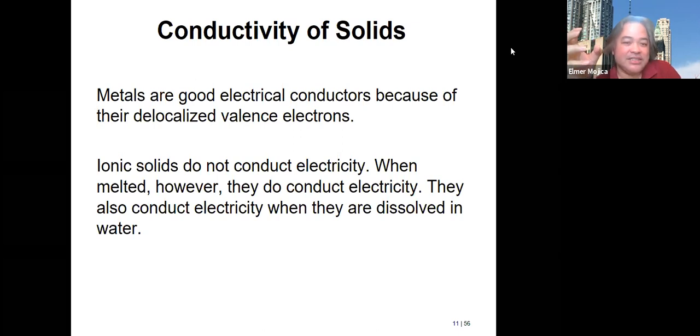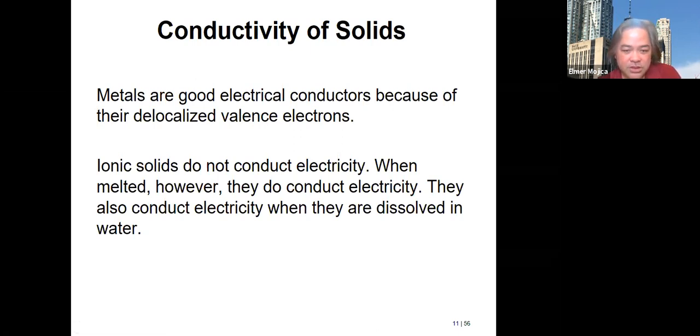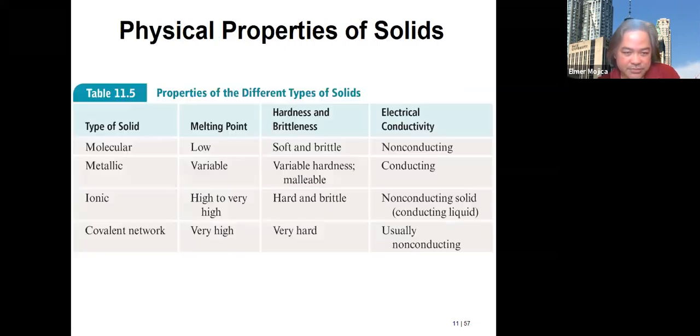Materials can conduct electricity if there is the presence of mobile ions. So ionic solids can only conduct electricity if you dissolve them in water. Why? Because the ions that are attached to one another in the solid form cannot conduct electricity during the solid form. So they also conduct electricity when they are dissolved in water.